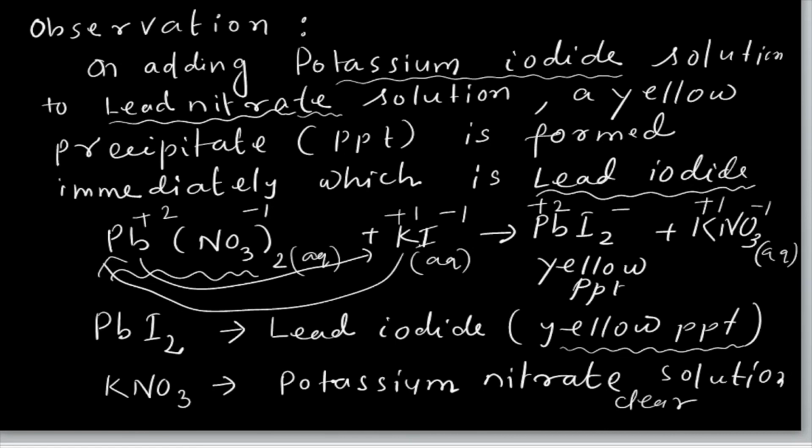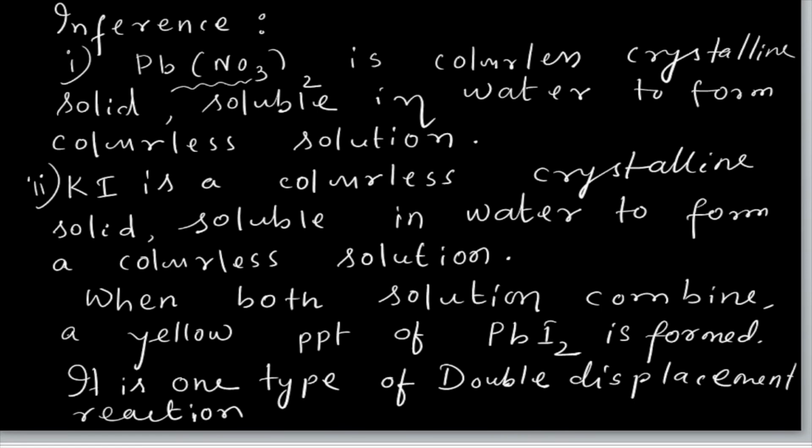See, potassium nitrate is a clear solution, but on the product side, lead iodide and potassium nitrate both are present. So you can say the product side only shows a yellow precipitate. I think it is clear, it is a double displacement reaction because both compounds exchanged their radicals. That is why it is double displacement.